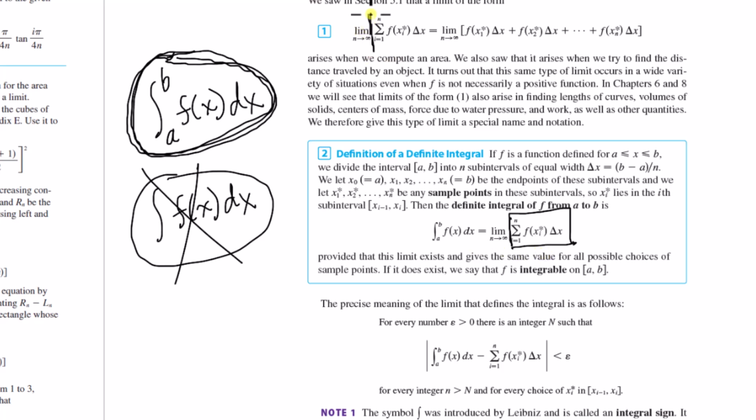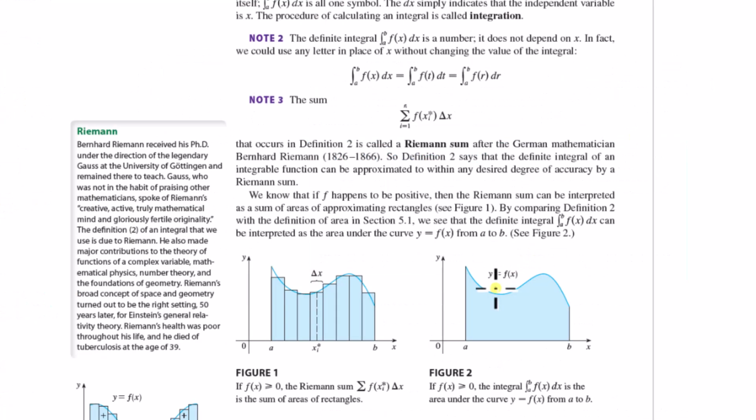Before you take the limit, you develop the sum, you do the rectangle area sum procedure with like 50 rectangles or 10 rectangles or 100 rectangles. You can choose n. So you haven't taken the limit as n goes to infinity yet. It's just the sum with n number of rectangles. They're calling that a Riemann sum.